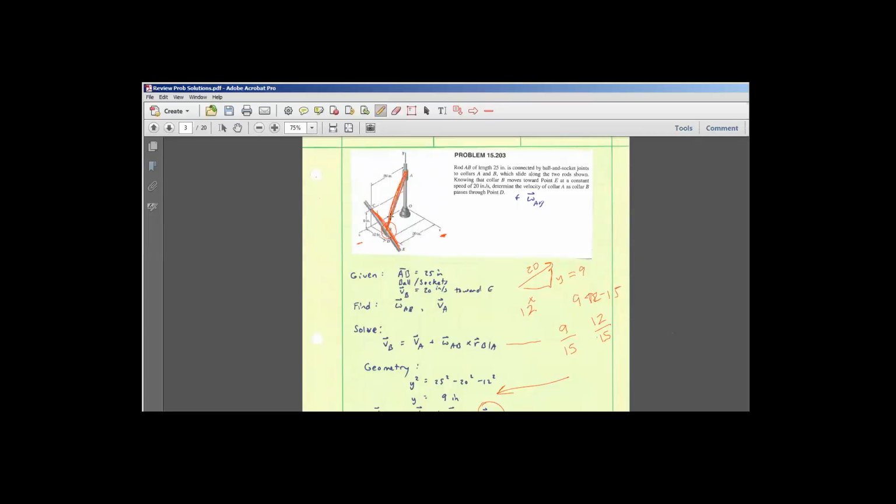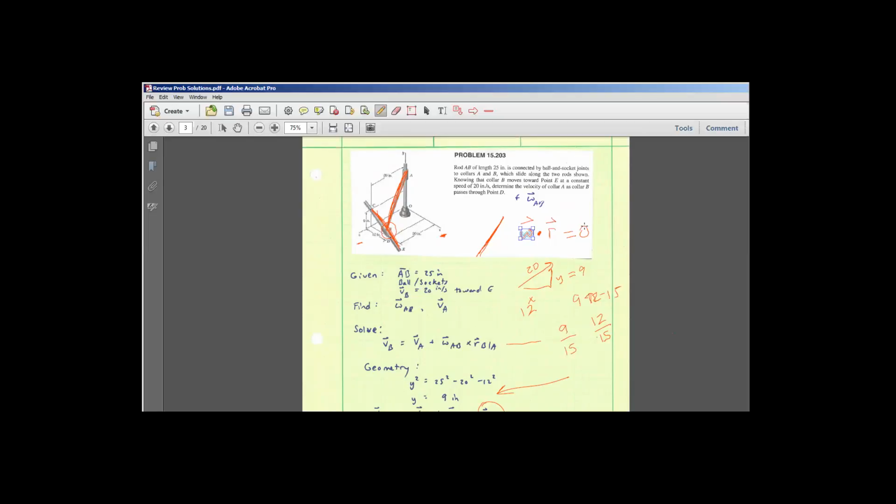For A to have a velocity with respect to B, it really wouldn't do anything if it was just spinning around on that axis there. So our last condition is that omega doesn't have any components along that axis between A and B. So omega dotted into that axis is going to equal 0.